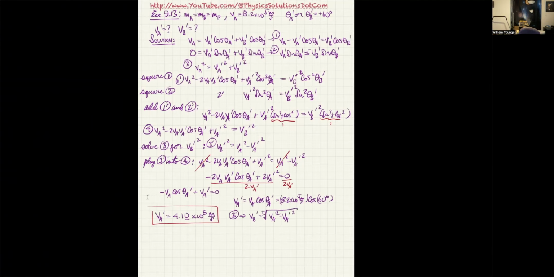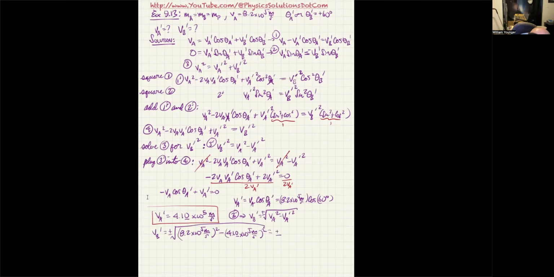So VB prime is going to be equal to the plus or minus square root of VA, which is 8.2 times 10 to the fifth meters per second, squared, minus VA prime, which is 4.10 times 10 to the fifth meters per second, squared.